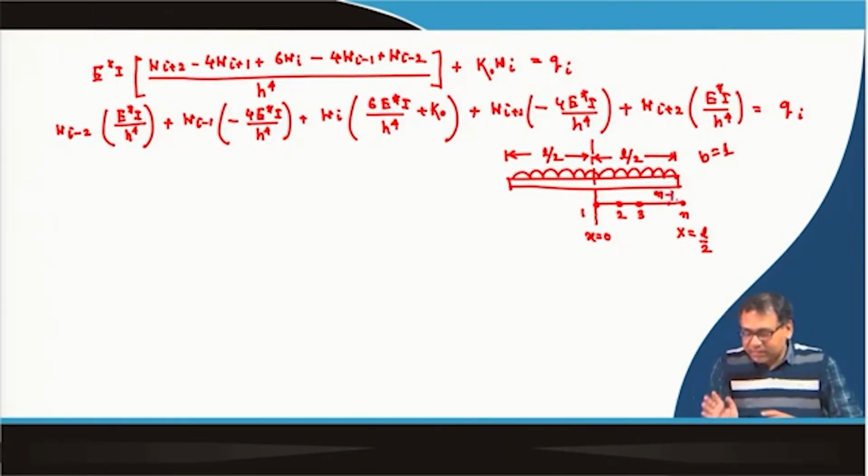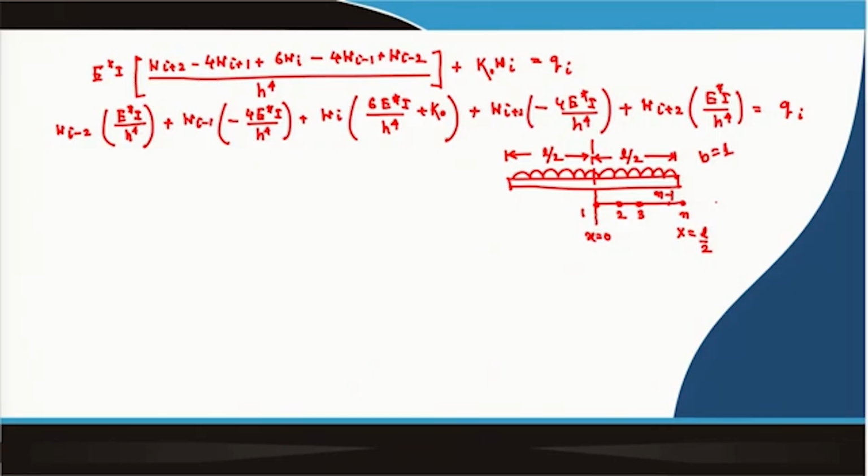So, these 4 nodes will have problems: the first node, the second node, the nth node and the n minus 1 node. We cannot directly apply this equation on these 4 nodes, because we need more nodes. For the other nodes, from 3 to n minus 2, I can apply this equation, no issue.